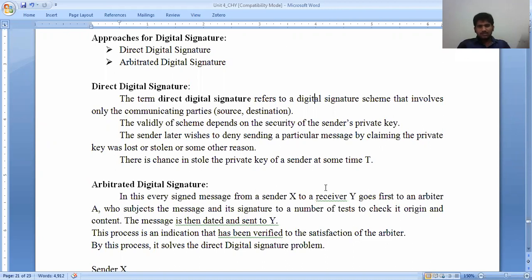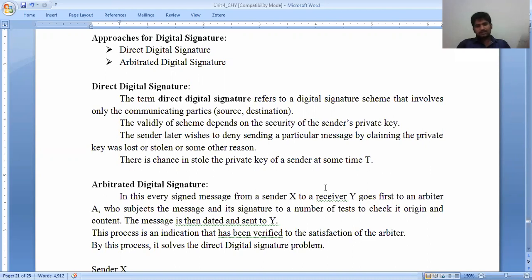This process indicates that the message has been verified to the satisfaction of the arbiter. So again, we need to trust some other person. By this process, it solves the direct digital signature problem.